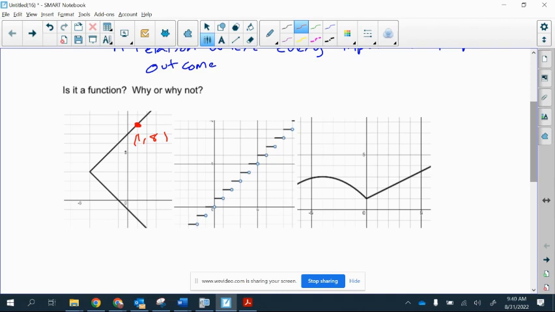Our job is to figure out whether it's a function or not. In this case, it would not be a function because when you input 1, you're not sure if you get an outcome of 8 or if you get an outcome of -2. So we have one input with two different outcomes. It's not a specific known outcome, therefore it's not a function.